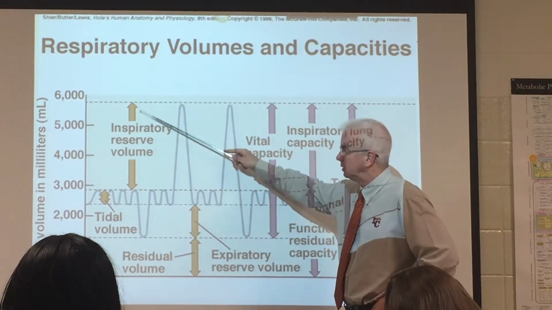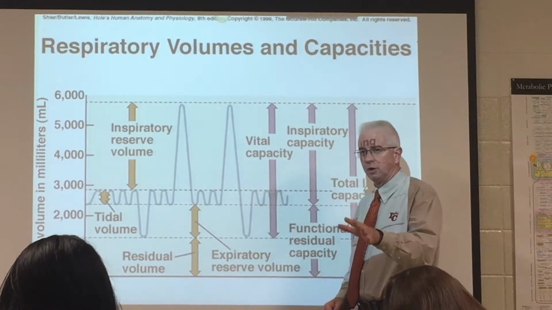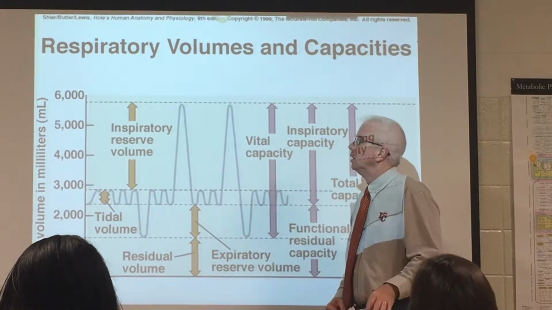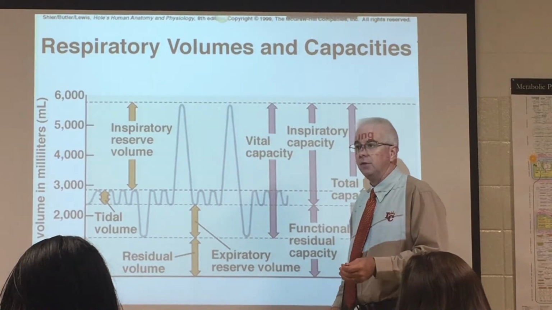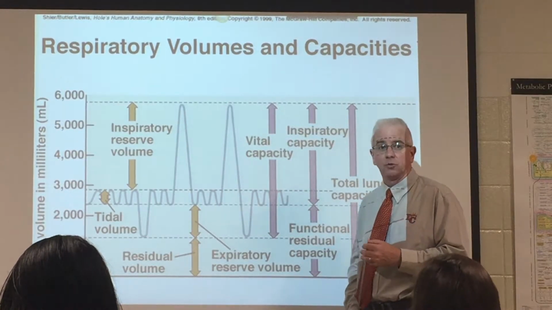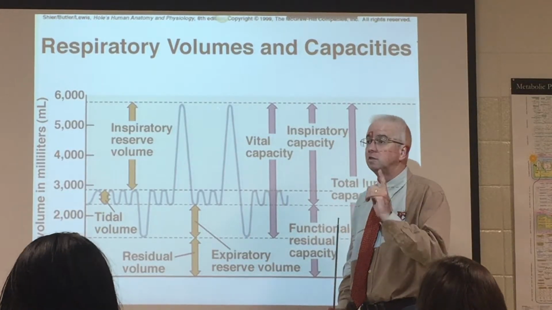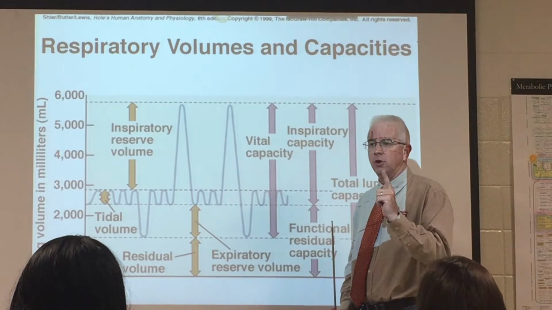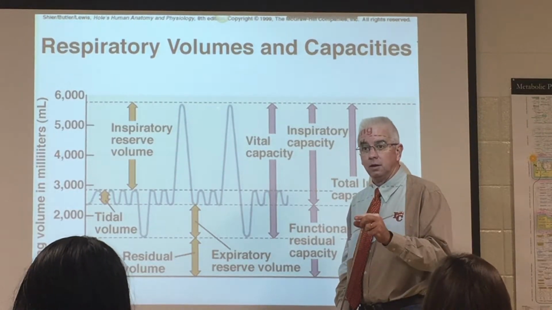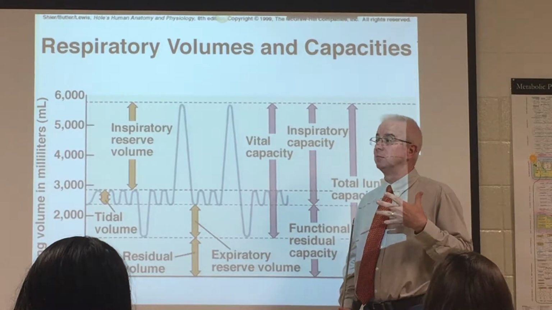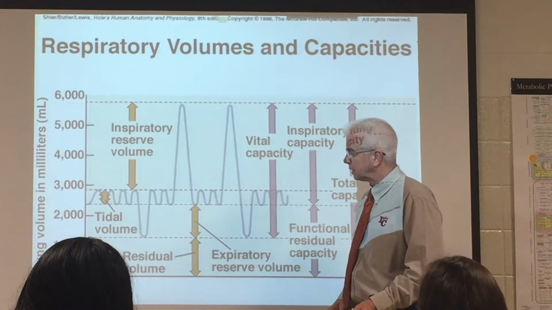So about 3 liters here for the inspiratory reserve. Now here's how you measure it. Tidal volume should be obvious, you just measure breathing. Inspiratory reserve volume, you tell the patient to breathe normally, and then you give them some instructions. You say, I want you to take 3 or 4 breaths, and after the 3rd or 4th one, during a normal breathing pattern, stop after the normal inhale. Pause. Then inspire maximally. That is the inspiratory reserve, so that's how you would do it in the laboratory.